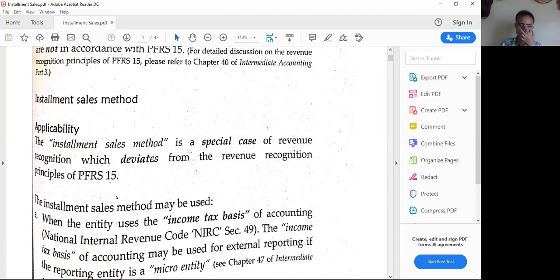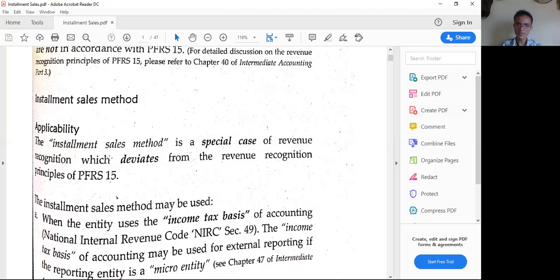So allow me also to tell you that installment sales is a special type of sale, since not all companies would be doing this one. There are specific entities, specific types of businesses in which this forms a major portion of sales, but for the normal ones we discuss, installment sales method is just one of those types of sales.